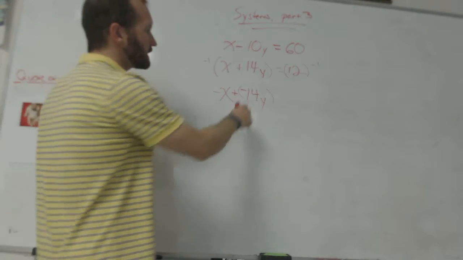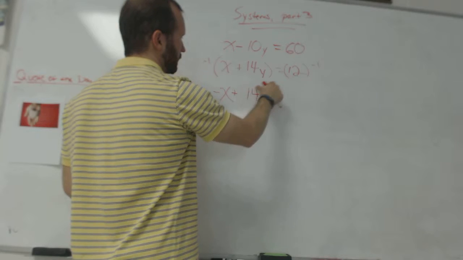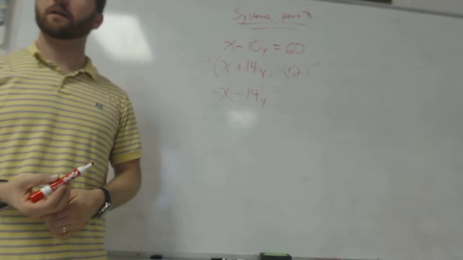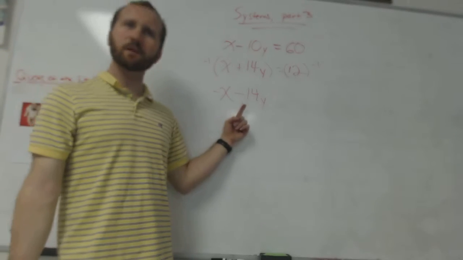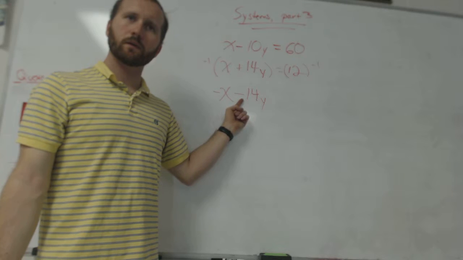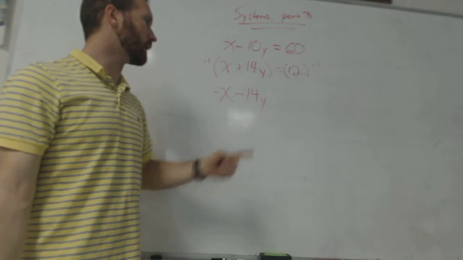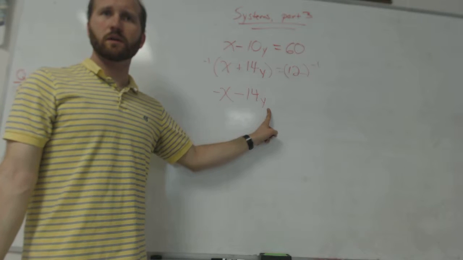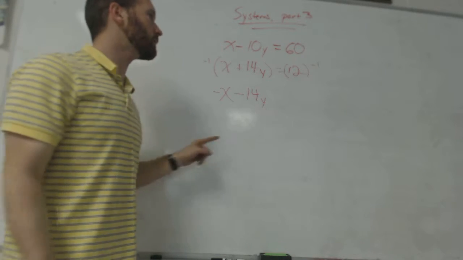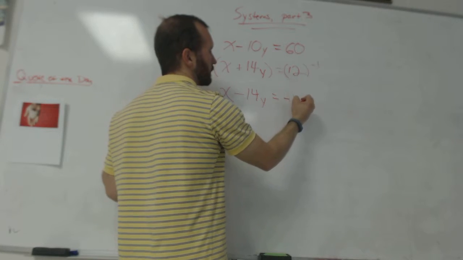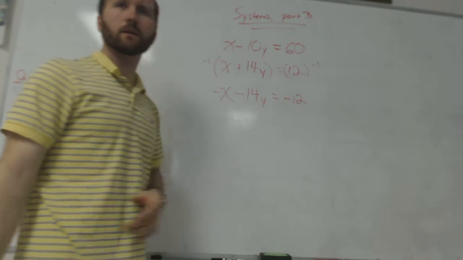But it's probably simpler just to say minus 14y. But remember, minus means plus a negative. Okay? Plus a negative. So make sure you write this version down in your notes. You don't really have to write the other version. Equals 12 times negative 1 is negative 12.